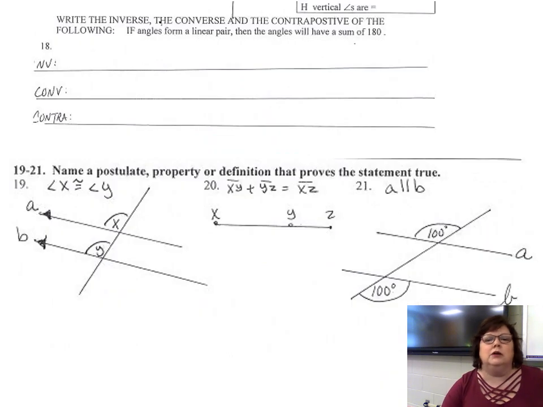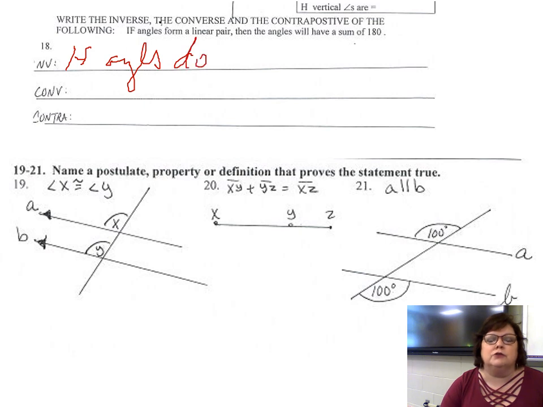Okay. All right. Write the inverse, converse, and contrapositive of each. The inverse is when you just put nots into the problem. So if the angles form a linear pair, then the angles will have a sum of 180. You will say, if angles do not form a linear pair, then the angles do not have a sum of 180.